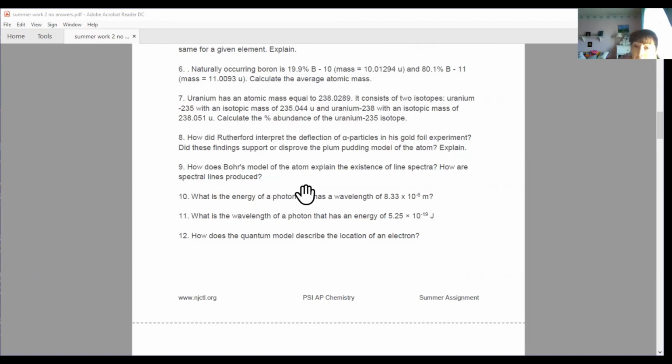How does Bohr's model of the atom explain the existence of line spectra? And how are spectral lines produced? So when you have those electrons that are excited because of a source of heat, those electrons are going to jump up to a higher level of energy. But then once they are far away from the source of heat, those electrons come back down.